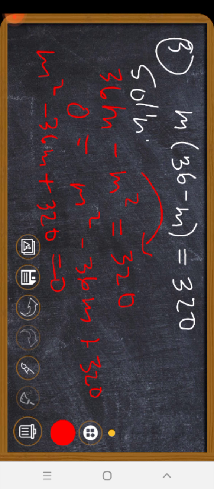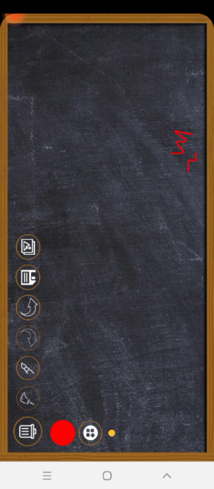By the reflexive property, we can do the same. All right, so we have a quadratic equation. Let me copy it again here: m squared minus 36m plus 320 is equal to 0. Make a double bubble like this and equate it to 0.